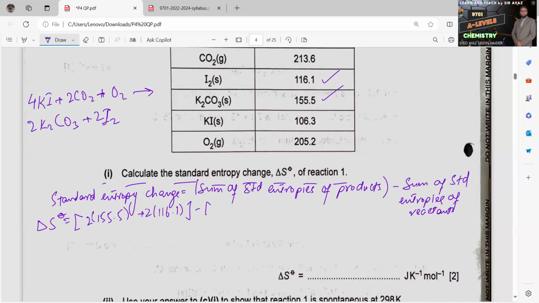So we have 4 KI, so 4 multiplied by 106.3, plus we have 2 moles of carbon dioxide, so 2 multiplied by 213.6, plus then we are left with O2, so you write 205.2.